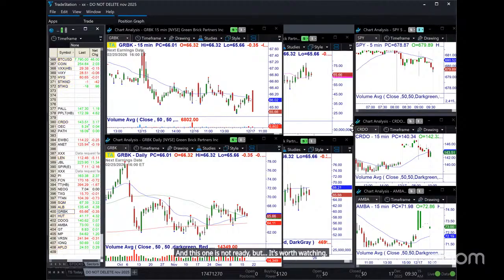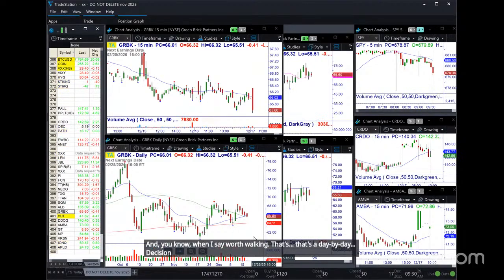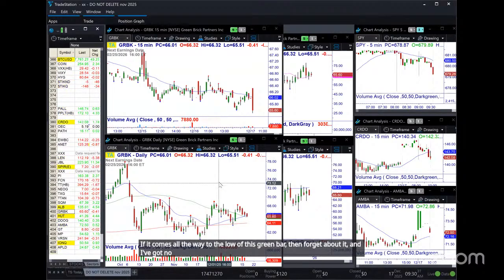So I'm going to set an alarm at 6660 for now. And when I say worth watching, that's a day by day decision. If it continues lower, if it comes all the way to the low of this green bar, then forget about it. Then I've got no interest anymore.